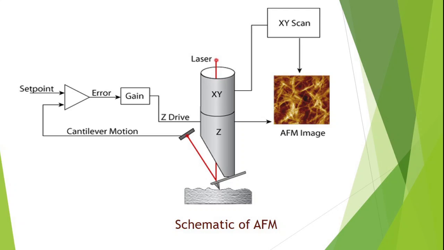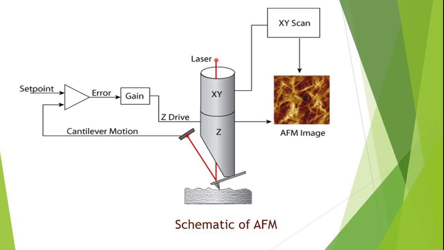So this is the schematic of AFM. What happens here? A laser falls over the cantilever beam which moves over a surface which you want to scan, and after deflecting back from the cantilever beam it falls over a photodetector.